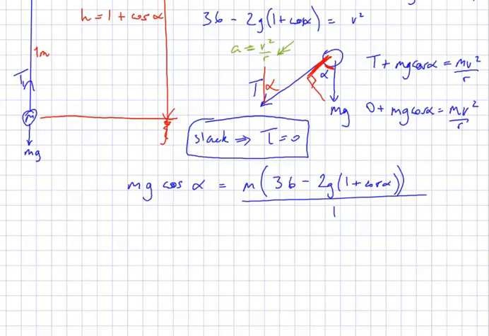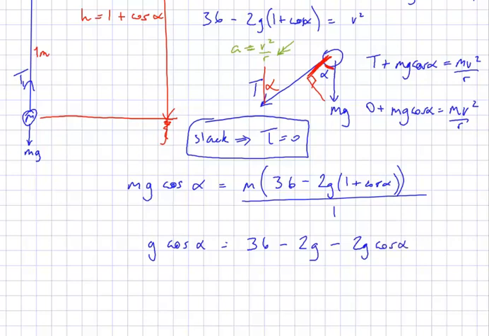Now m is a factor on both sides, so I end up with g cos alpha is equal to 36 minus 2g minus 2g cos alpha.